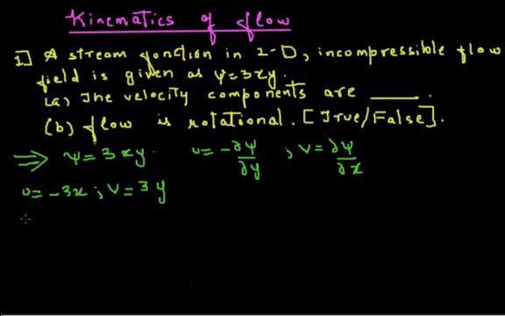Therefore we can write the velocity vector as v is equal to minus 3x into i.